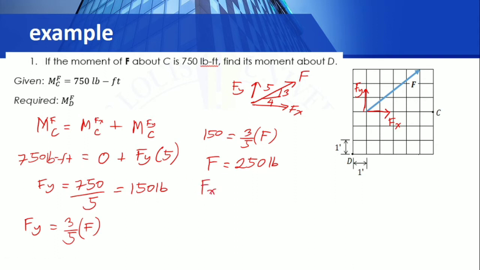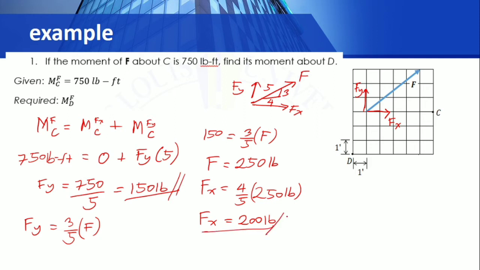That will be f of x is equal to 4 over 5 naman. So, that will be 4 over 5 times yung force F natin. That will be 250 pounds. So, yung f of x natin is equal to 200 pounds. So, ngayon, meron na tayong dalawang force, which is yung f of y and f of x.